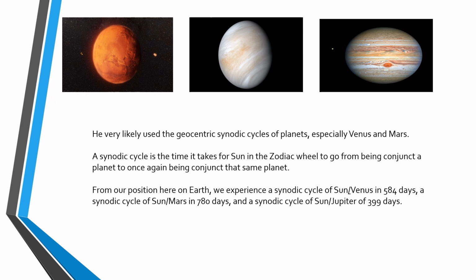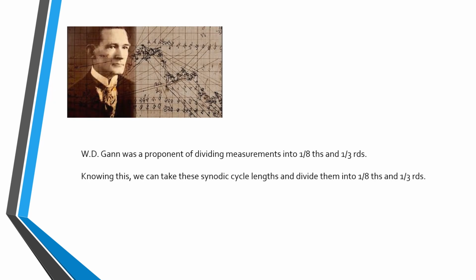So now, we're going to take a look at each of these synodic cycles, and we're going to pretend that we are W.D. Gann, and we are going to analyze these cycles as he most likely would have back in his day. So the first thing we have to understand is that Gann was a proponent of dividing measurements into 1/8 and 1/3.